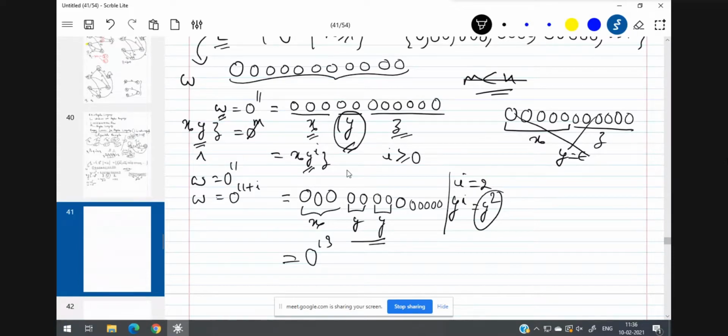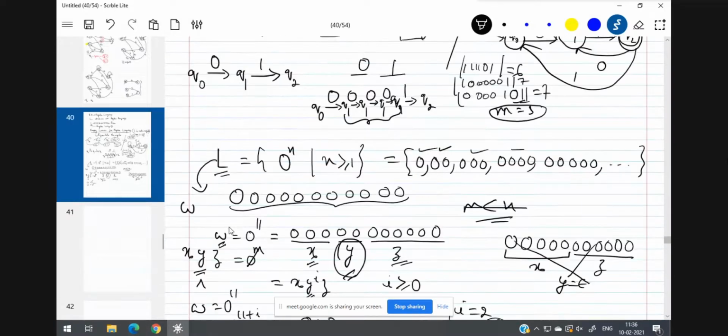This is 13. After increasing the length of W by 2, we need to check whether this still belongs to L. Now as per the given language, L is nothing but 0 to the power m. Now this is 0, then twice 0, then like this, it keeps on increasing: 12, 13, like that.